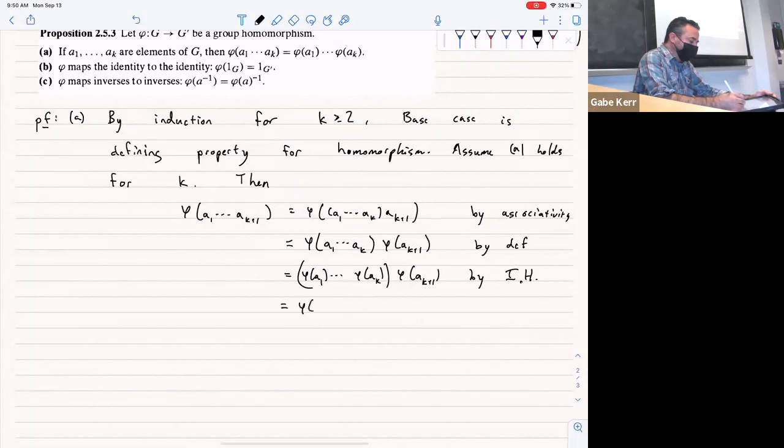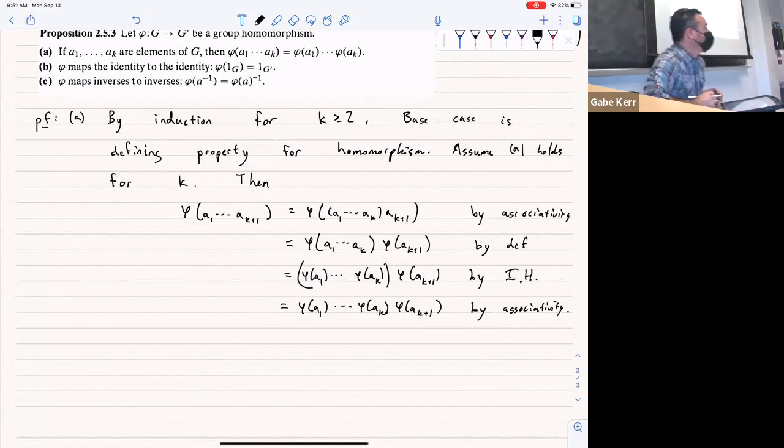By associativity, we can just forget about the parentheses. So this is a very straightforward induction proof, but for those still feeling their way through induction-type proofs, it's useful to look at this kind of thing.